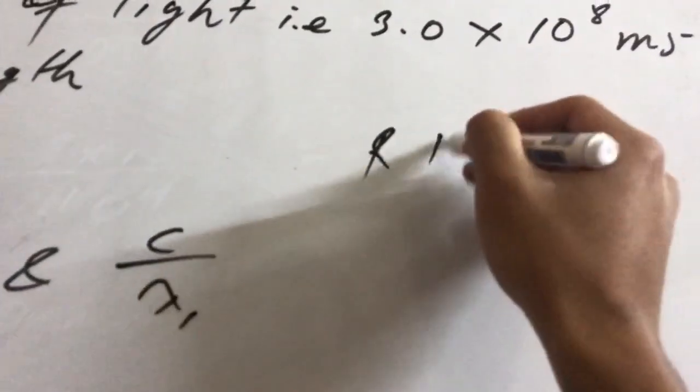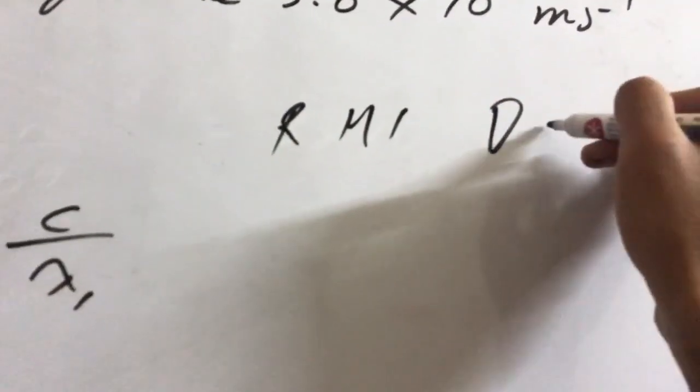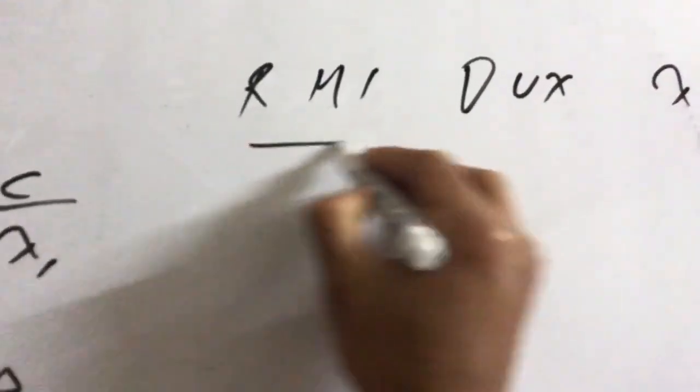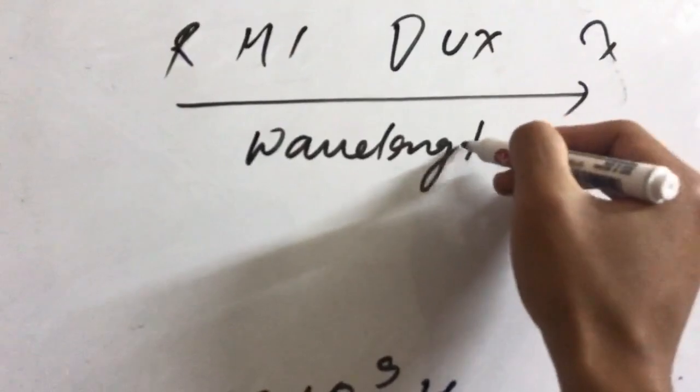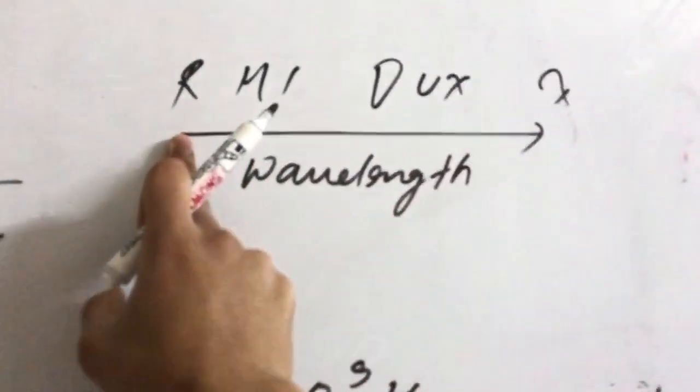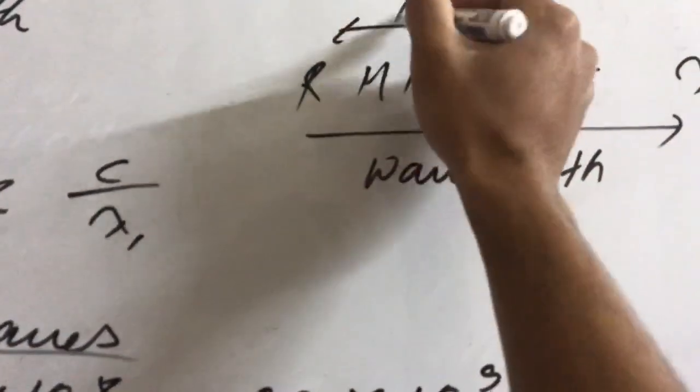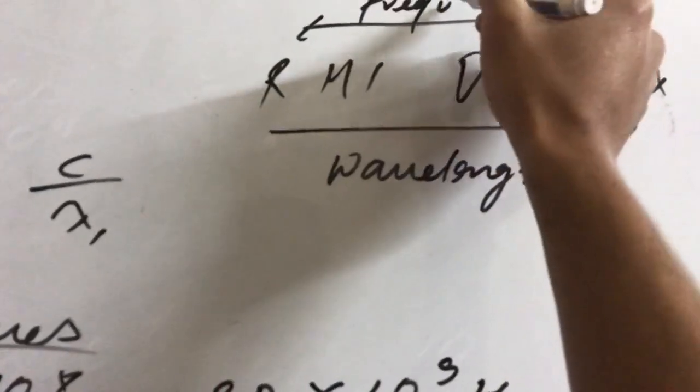Also, previously we discussed Army Box Gamma. So this is the wavelength, and here is the frequency.